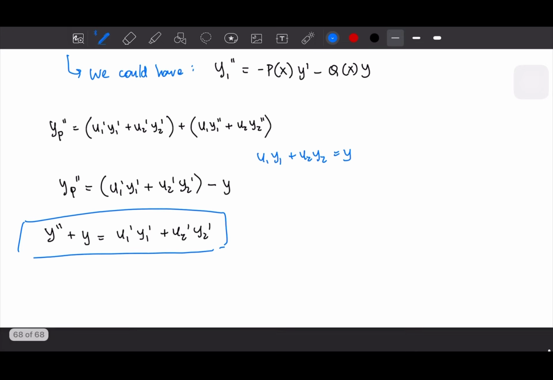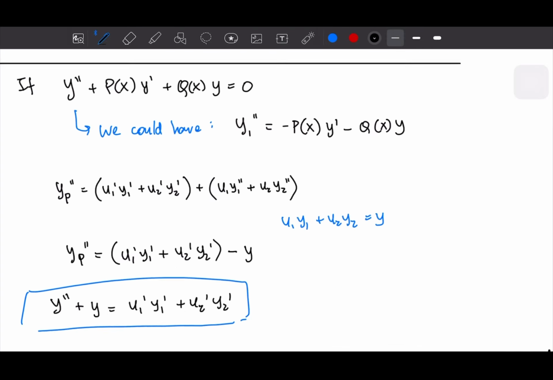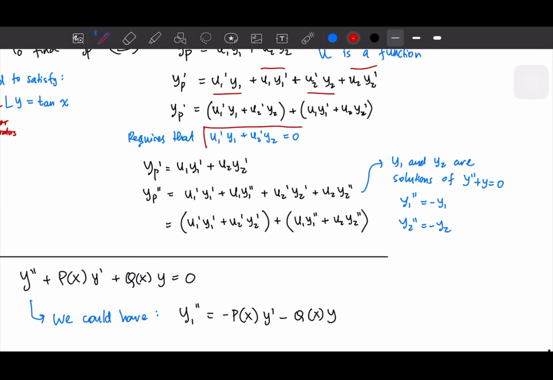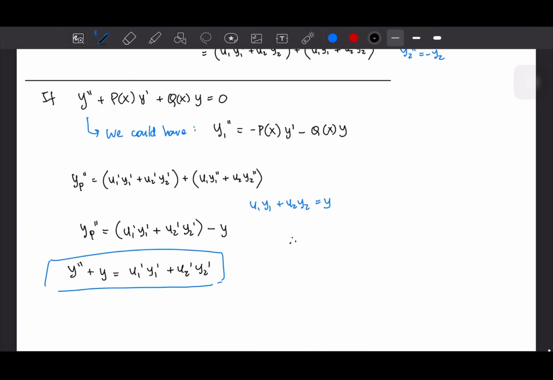So first, this u and this requirement here. As a conclusion, we need to solve two equations for u1 and u2.